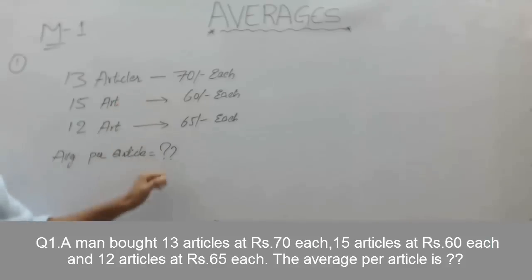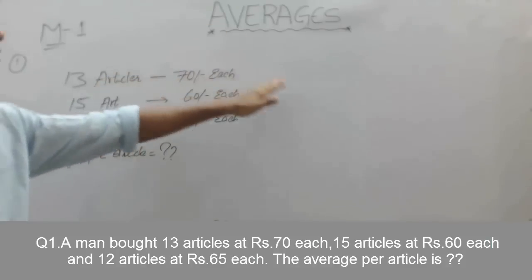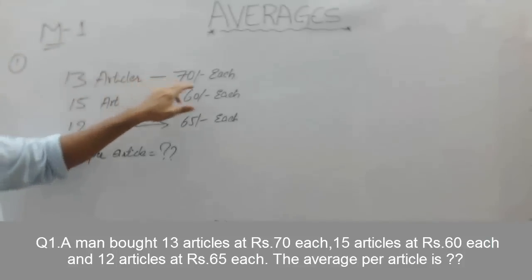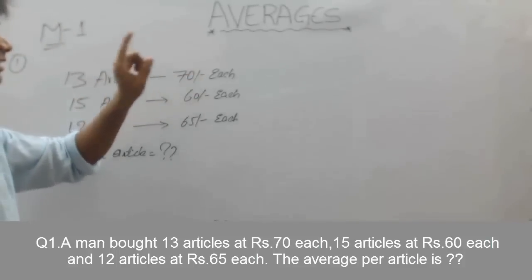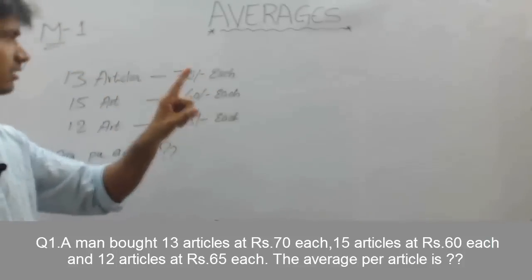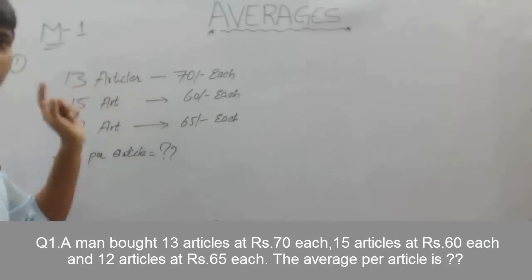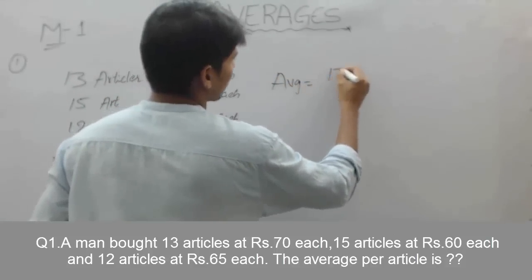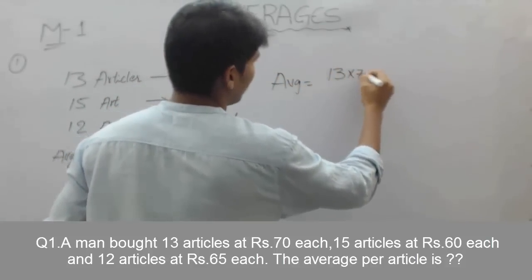Now how are you going to find this? We know it is the total observation by the number of observations. Here 70 indicates the cost of each article, so the cost of these 13 articles is 13 into 70.